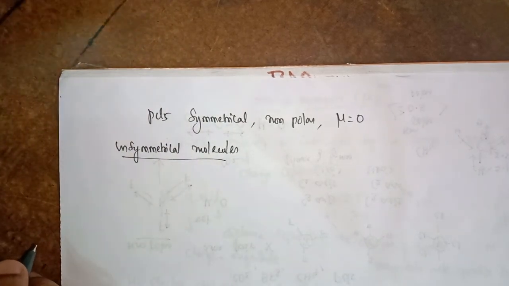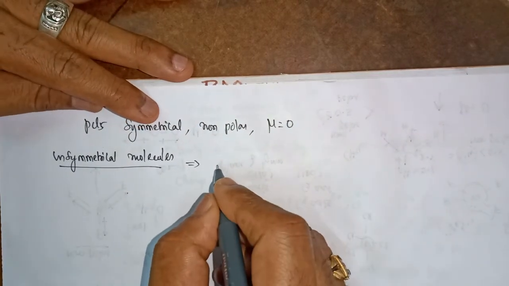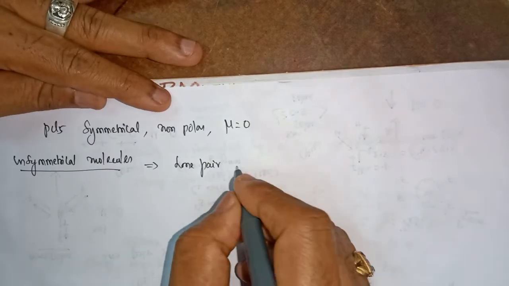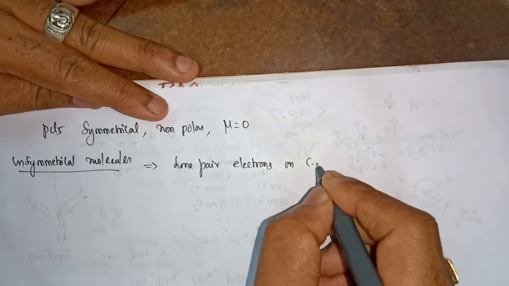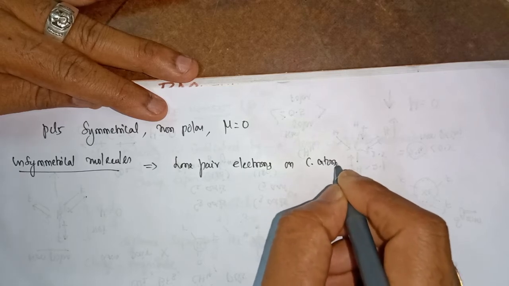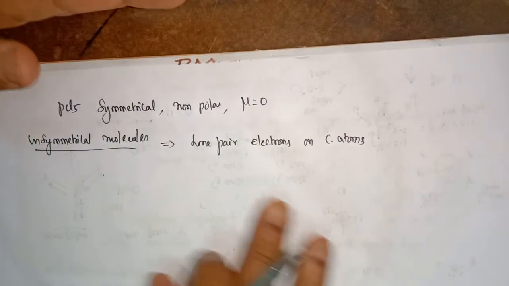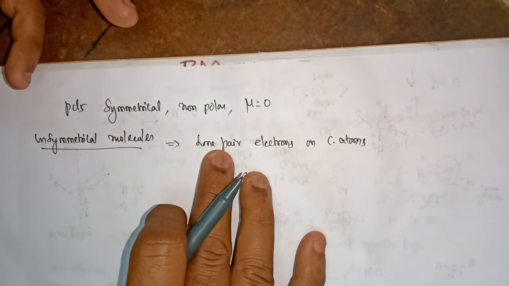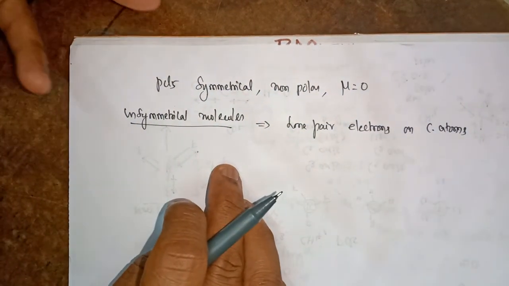Those molecules do not have any symmetry element, or those molecules have lone pair electrons on the central atom. Mostly this is okay, but some molecules may have a lone pair and are not unsymmetrical. They are symmetrical. Exception cases are there.